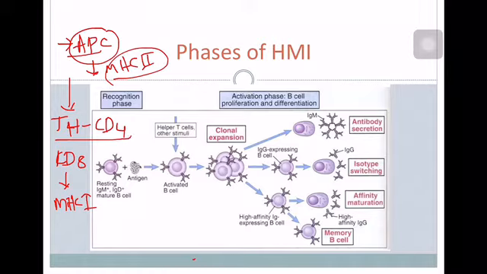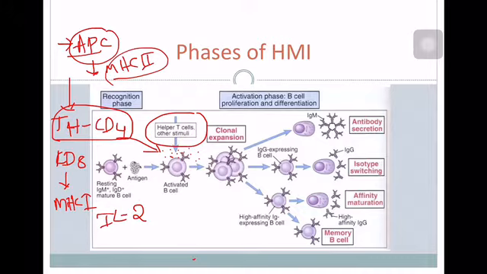Now, the TH cells, after binding to the antigenic peptide along with MHC2, get activated. The activated TH cells release cytokines, which include IL-2 and the cytokines for B cell stimulation.